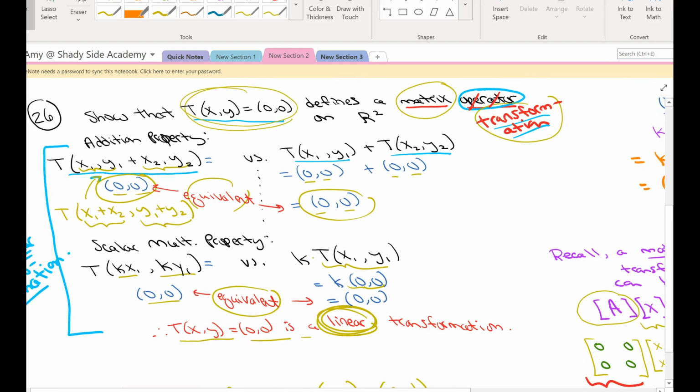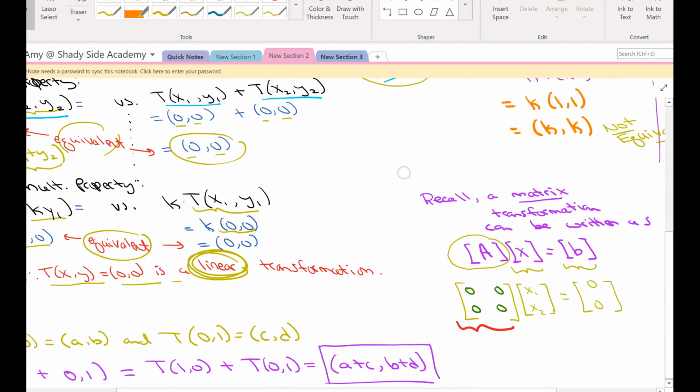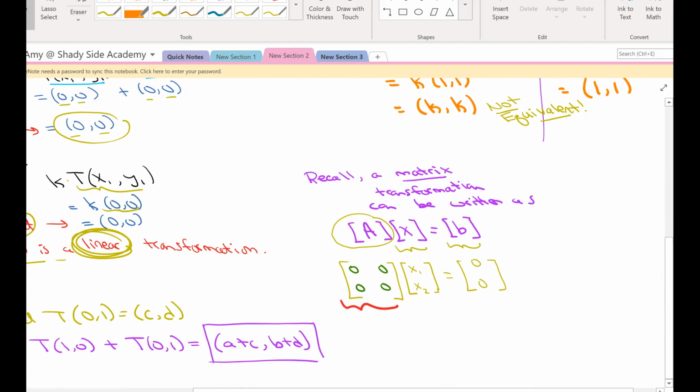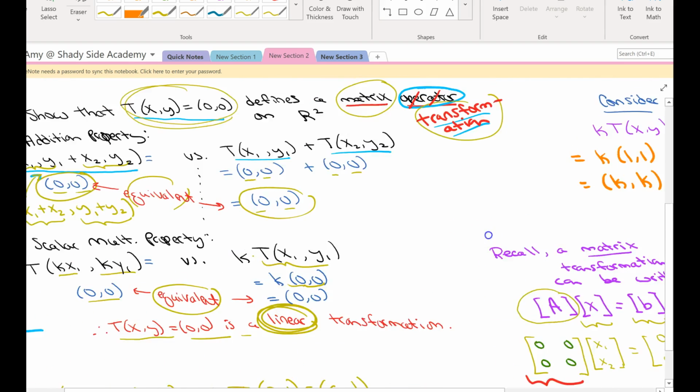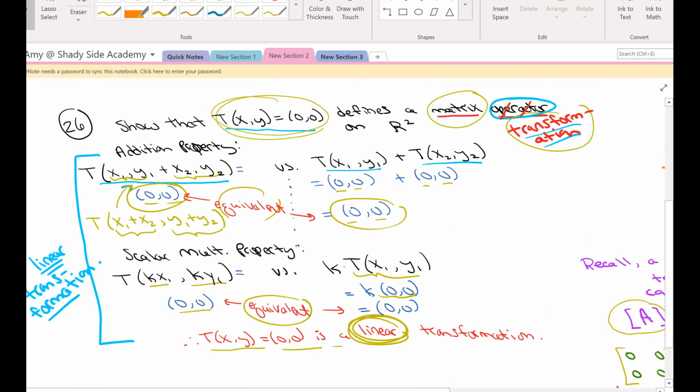If a matrix transformation, let's start over. If a transformation is linear, it preserves these two properties, addition and scalar multiplication.